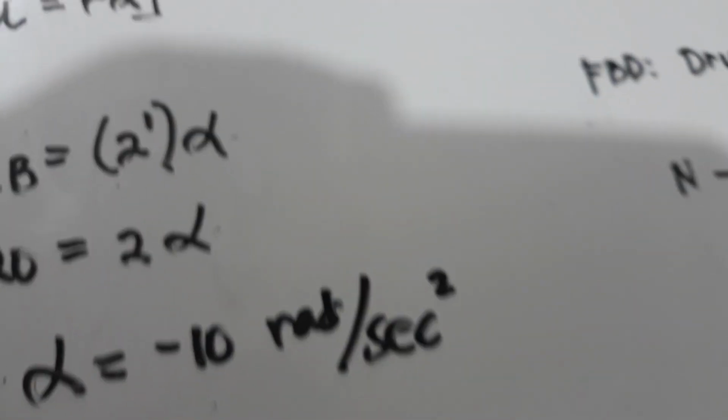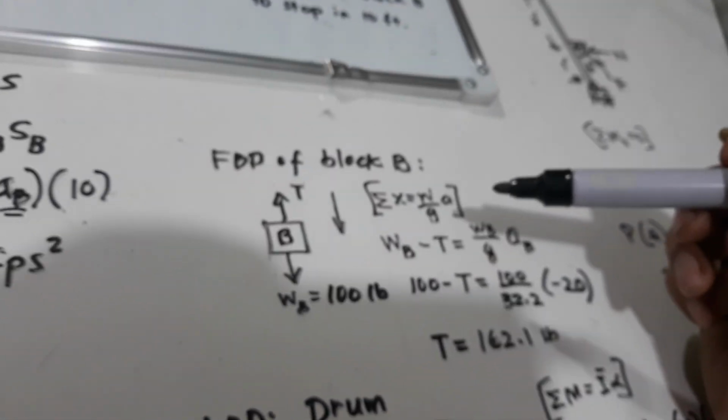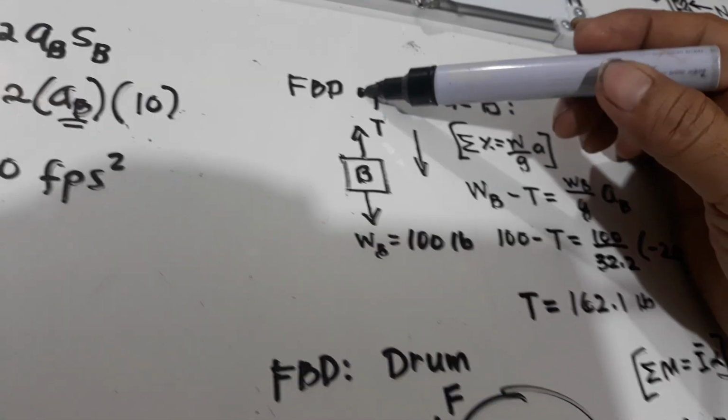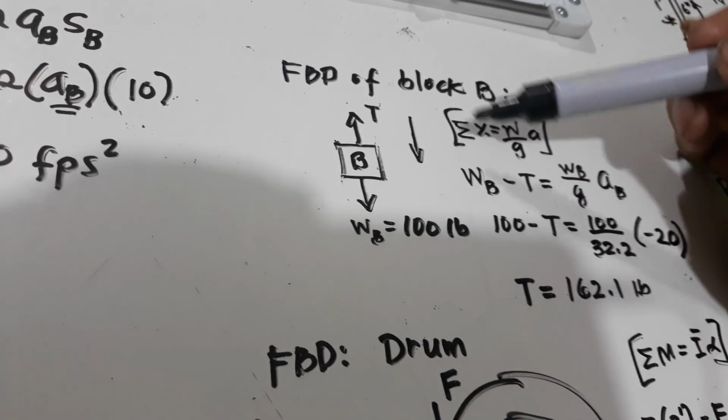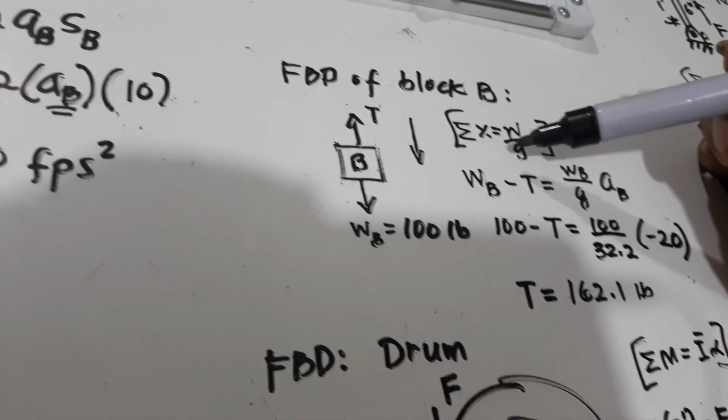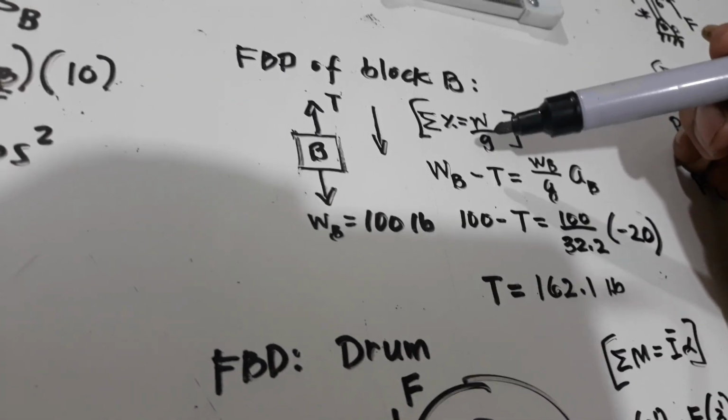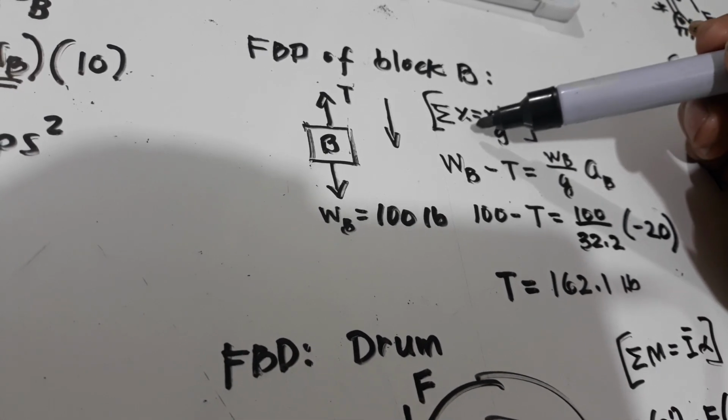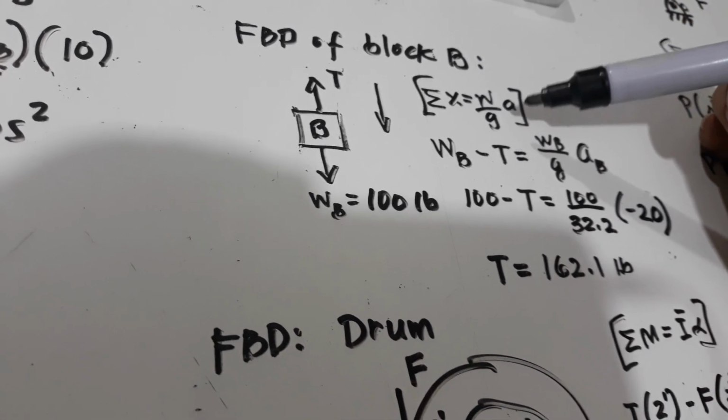Now we have the FBD of block B as it moves down, so we are going to apply the formula for rectilinear translation: summation of forces in x is equal to W over g times a.